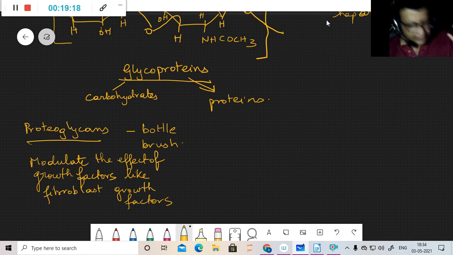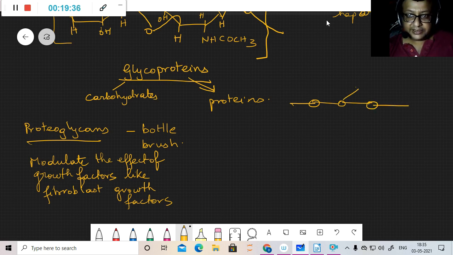They give structure, and form part of chondroitin sulfate and keratan sulfate. They are covalently linked. So you have the structure like this. All these are carbohydrate units linked. This is the link protein.